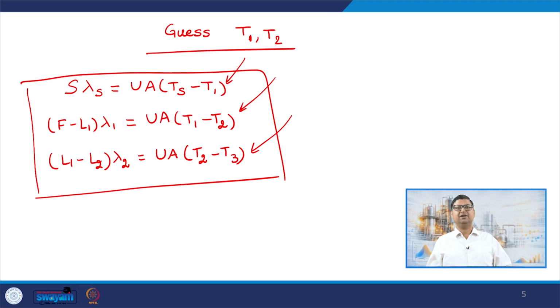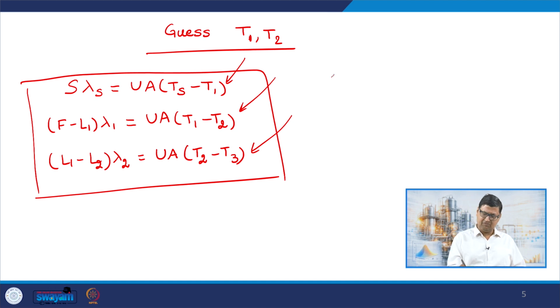If my T1 and T2 and other values which I have found are correct, then all three equations will give you the same value of area. But if my T1 and T2 are wrong, then I will get different and wrong values of area from the three equations.